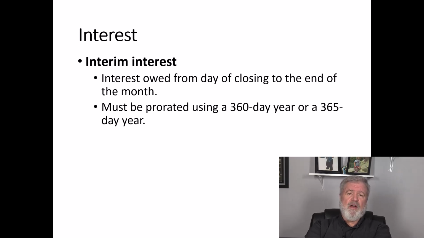Well, if they tell you to use a 360-day year, then you must assume there are 30 days in every month. Now, we know in reality that's not true, but that's why I'm saying we must assume. So you base your math on the assumption there are 30 days in every month. That's what 360 days means.